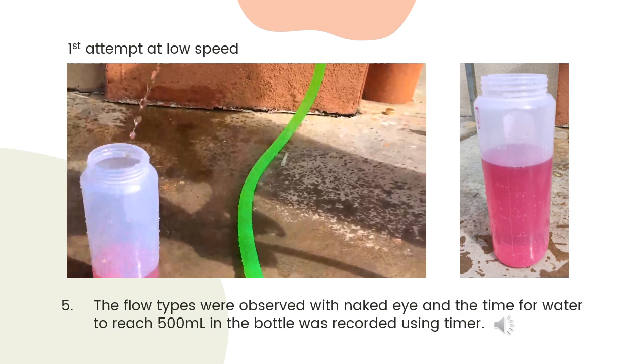The flow types were observed with the naked eye and the time for water to reach 500 ml in the bottle was recorded using a timer.